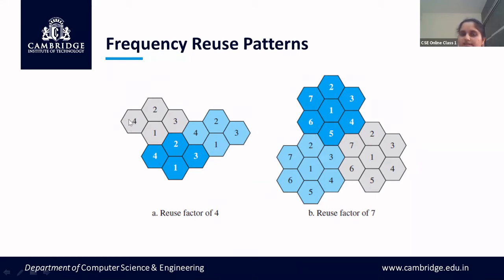In this case, for the reuse factor of 4, your adjacent cell has a gap of 1 cell. Whereas if I take 7 for this example, the reuse factor of 7 has 2 cells. For example, if I take 5, again there are 2 cells before using 5. So these are the 2 reuse patterns that can be used between the cells.